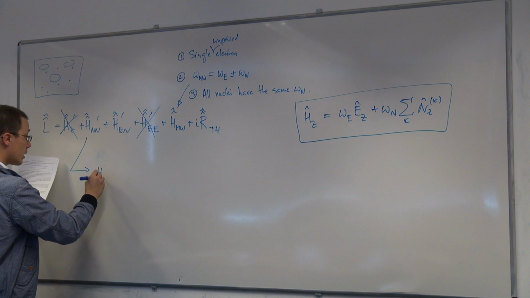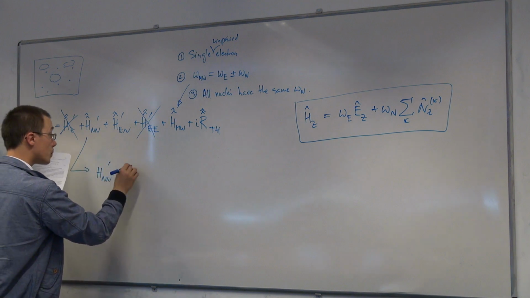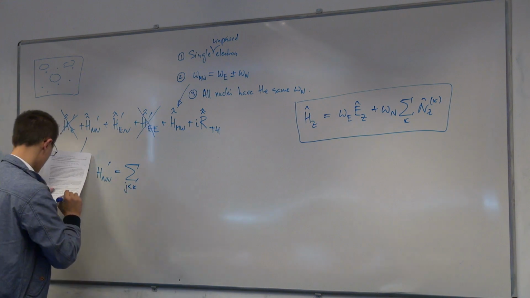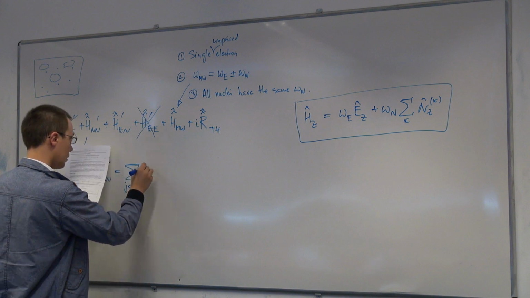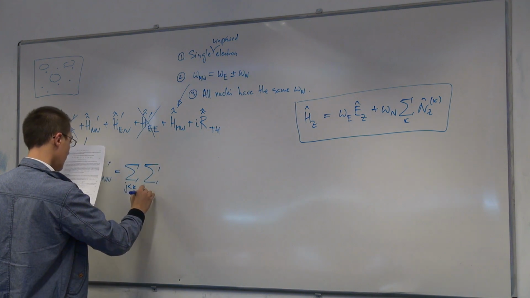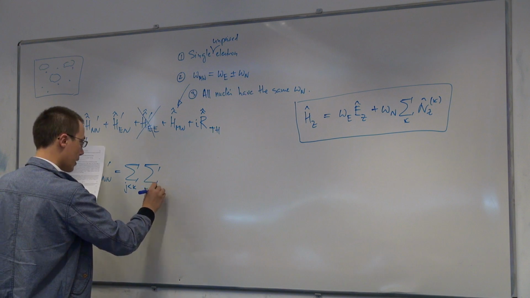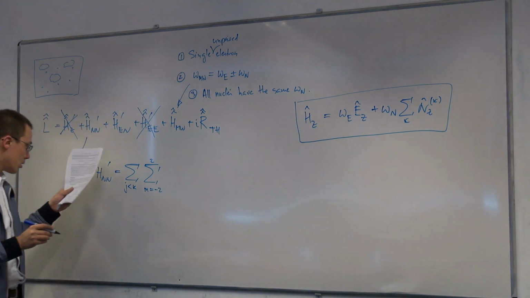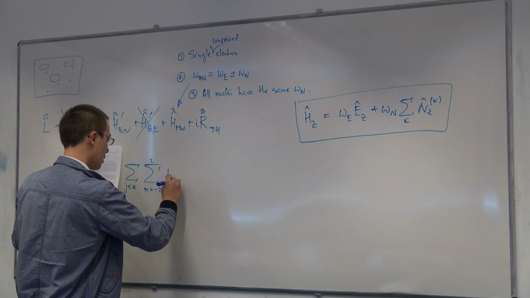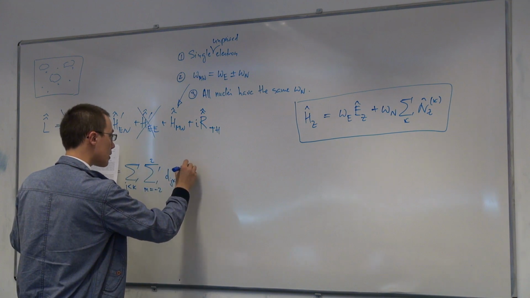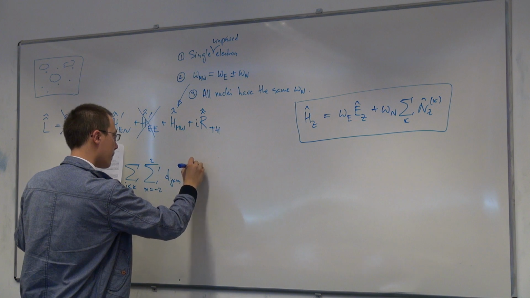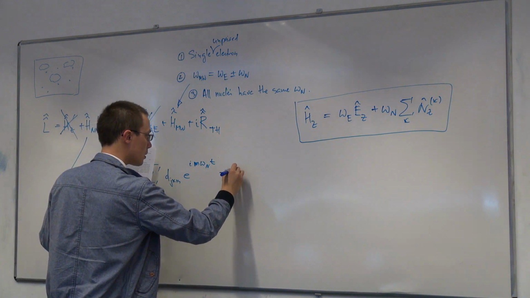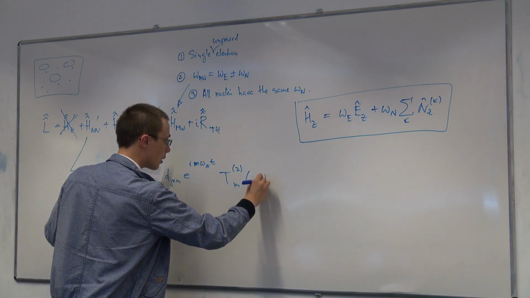So Hn prime would be, I'll just use that spherical tensor expansion. That was the reason why I wrote it out to start with. So a sum over j less than k, a sum from m minus 2 to 2. The isotropic J couplings are invariant under the rotating frame transformation. So d, j, k, m, and then a frequency e to the i m omega n t applied to T2m jk.